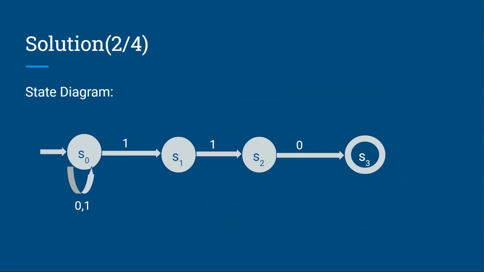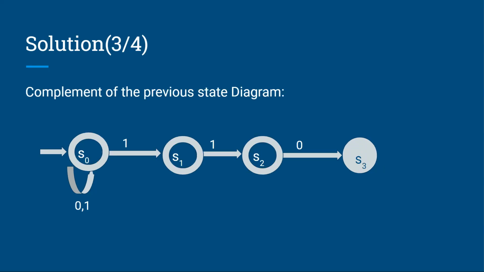That is done by the S1, S2, S3 states. When we get 110, we accept that string, and we don't care about the rest of the substrings that follow after 110.